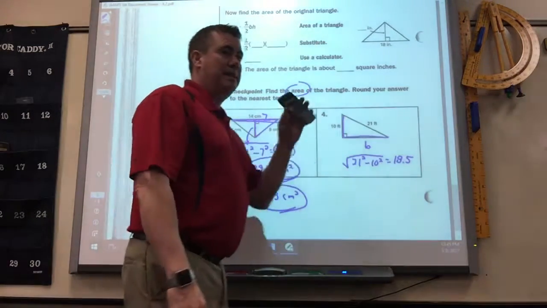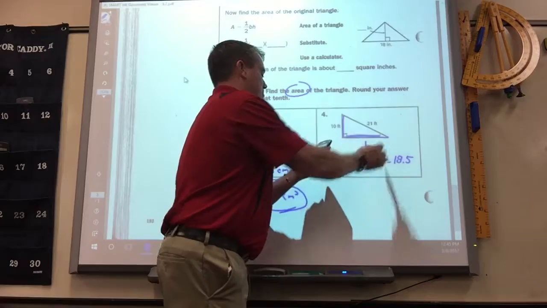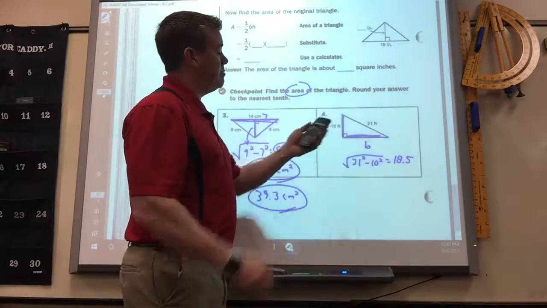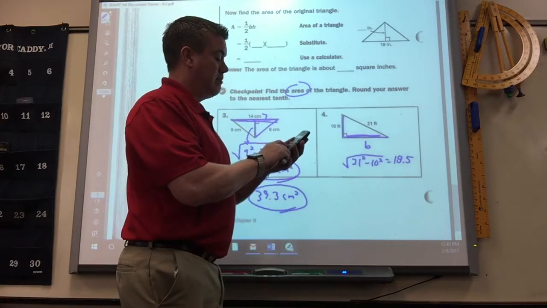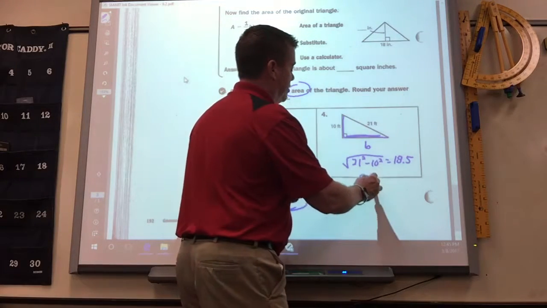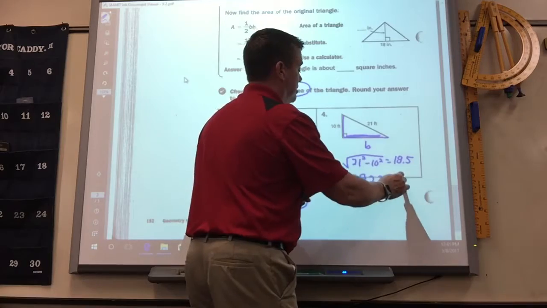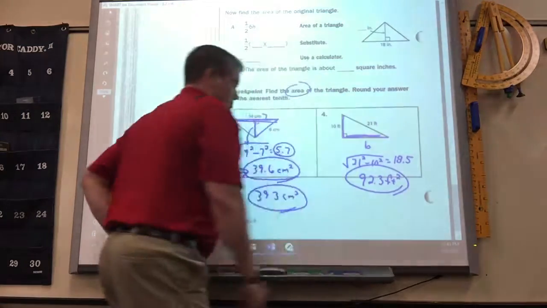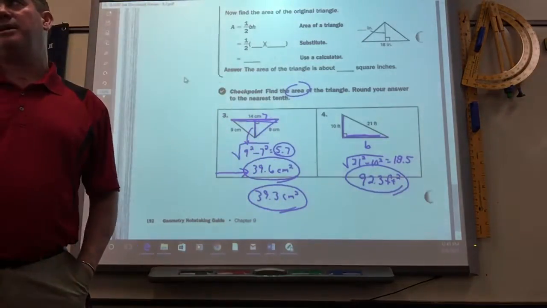But again, just leave this on here. Take this 18.466, and so on, times 10, divided by 2, and then round, it'd be 92.3 feet squared. Okay, everyone got it?